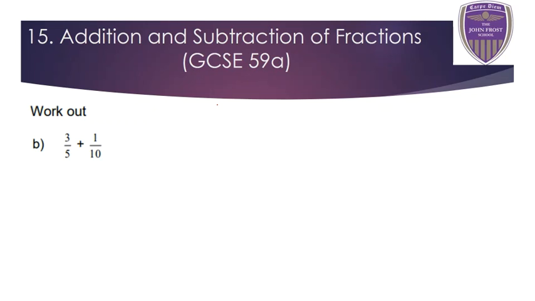In this question, I'm just going to rewrite it. So we've got 3 over 5 plus 1 over 10. As I said on the last slide, you can't add or subtract until the denominators are the same. So if they're not the same, all we do is make them the same. We make an equivalent fraction, similar to how we did in comparing fractions in section 14. My advice is look at the bottom numbers and pick the biggest one first.